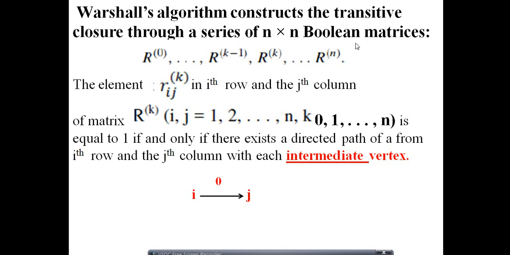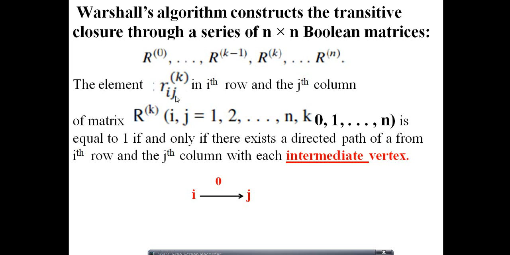N cross n Boolean matrices. A Boolean matrix has the values only 0 and 1. That's it. Okay, so there is a series R0 to Rk minus 1 and Rk up to Rn.